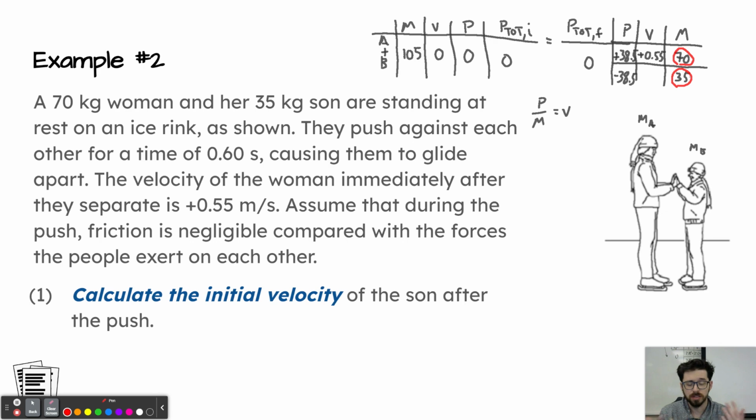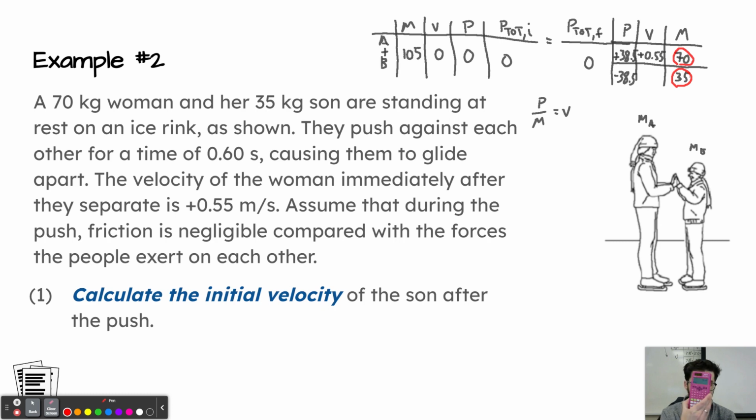Now, when they push off of each other, by Newton's third law, the forces have to be exactly the same, right? So if the force is the same, but the mass is different by exactly a half, well, then you would expect them to have literally a factor of 2 difference when it comes to the velocity, right? That's going to be the only way that this works out.